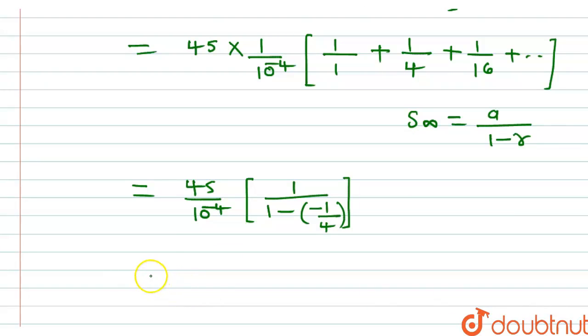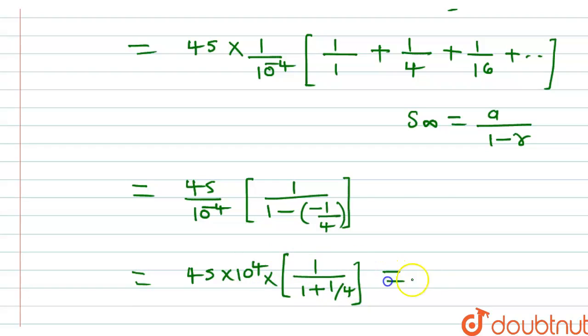So it will be equal to 45 into 10 raised to the power 4 into 1 upon 1 plus 1 by 4. So it will be equal to 45 into 10 raised to the power 4 into 1 upon (4 plus 1) by 4, that is 5 by 4.